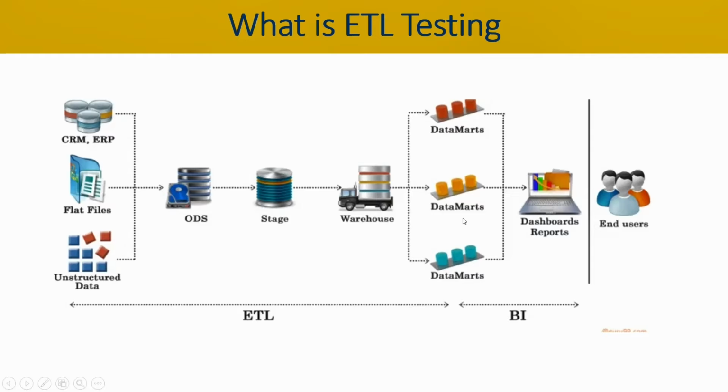Another business team is expecting to see their financial data, or another business department is only observing and expecting data with respect to the HR department. So you are making different data marts, and those data marts are then presented to the expected data sources in front of the dashboards and reports, and those dashboards and reports are then presented to the end user.